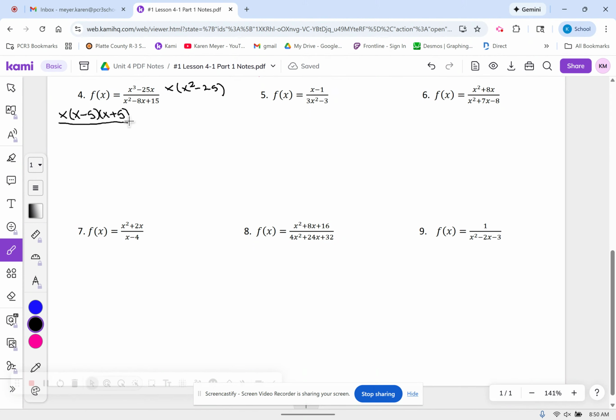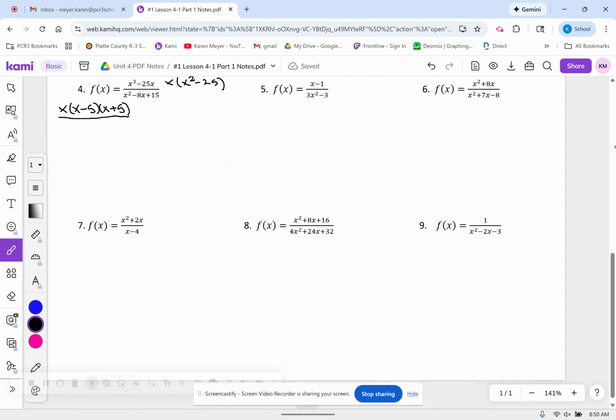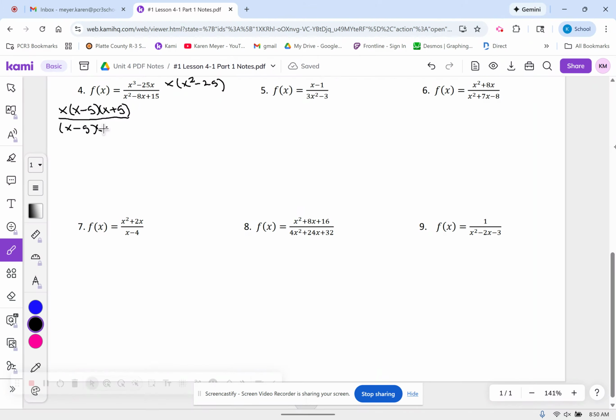On the bottom, I can fast factor, multiply for 15, that adds for -8, and that's going to give me X minus 5 and X minus 3. Okay, X minus 5s cancel out. Something cancels out, so I have a POD. I will come back to that here in a minute.